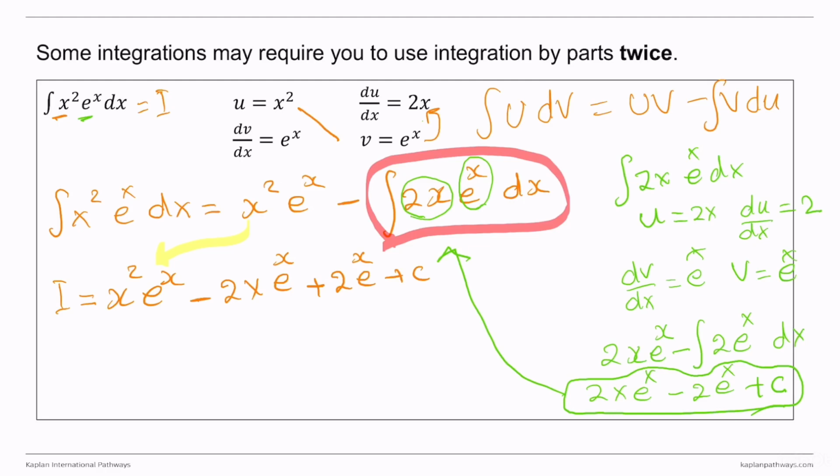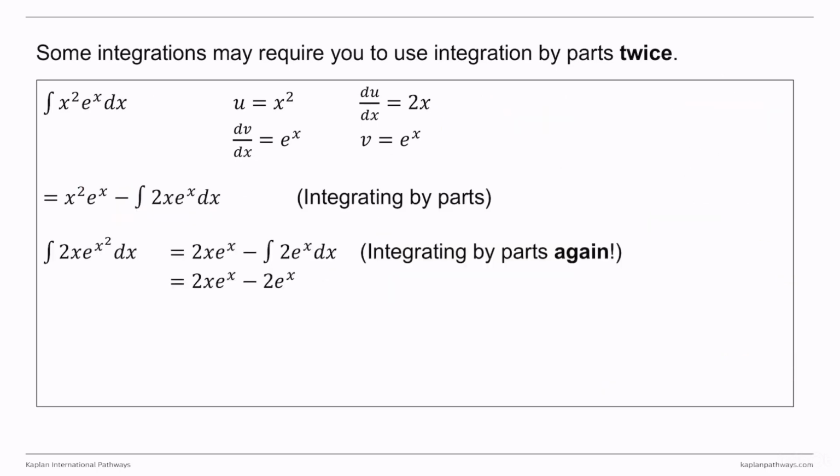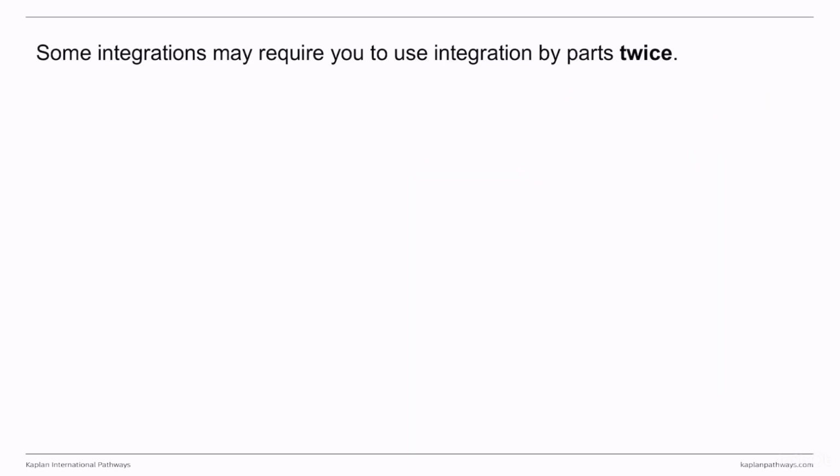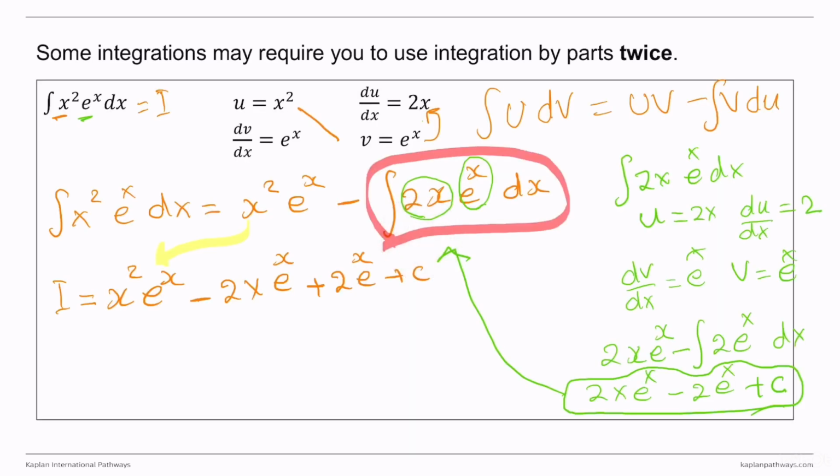Okay, anything to tidy up? Let's check here. So x squared e to the power x, we can take the 2 outside, actually, yes, 2.